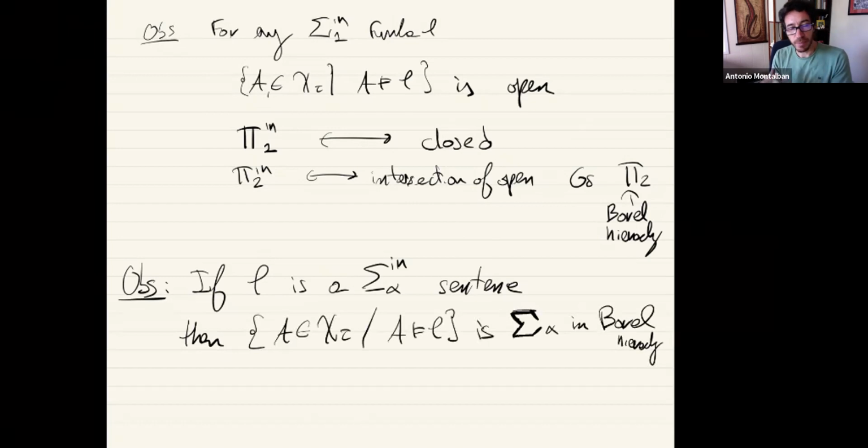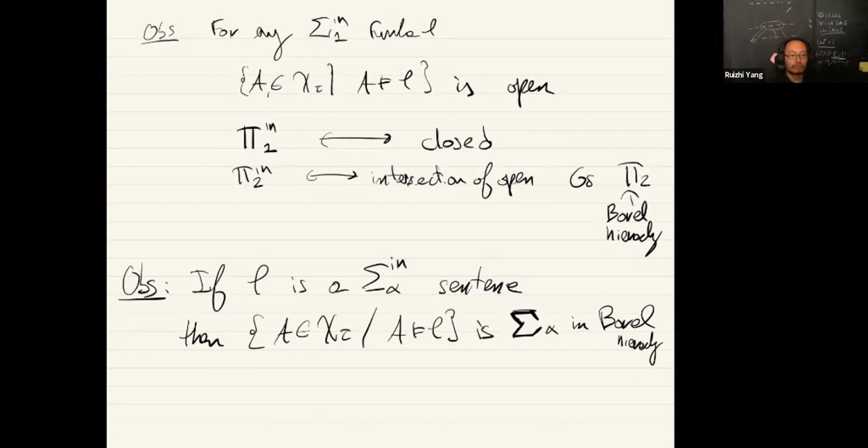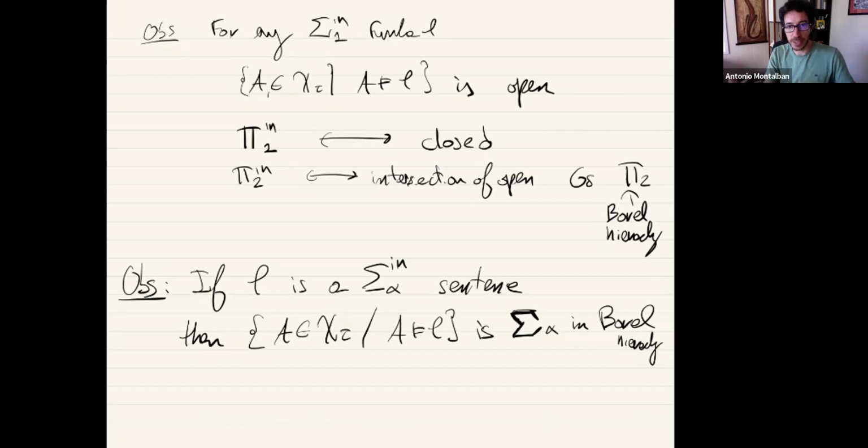In terms, it can be written as a union of intersections of unions of intersections of clopen sets. And that's not hard to see. That's just because every disjunction becomes a union, every existential becomes a union, every conjunction becomes an intersection, and every for all becomes an intersection.